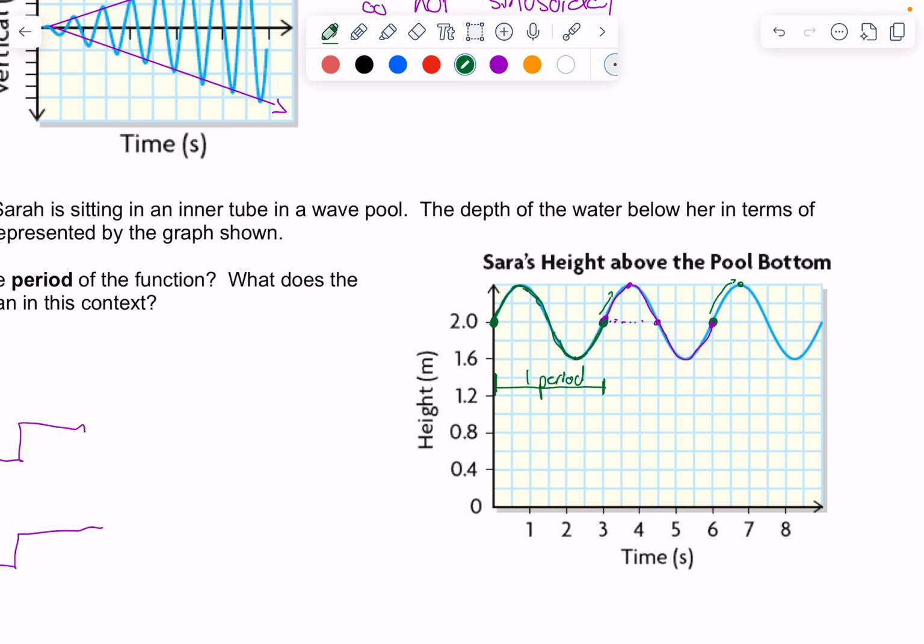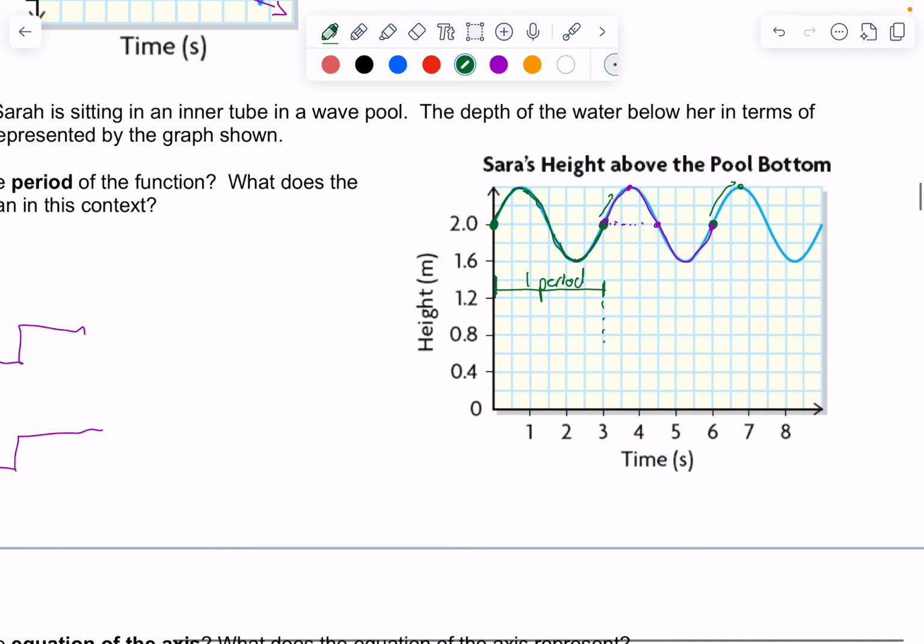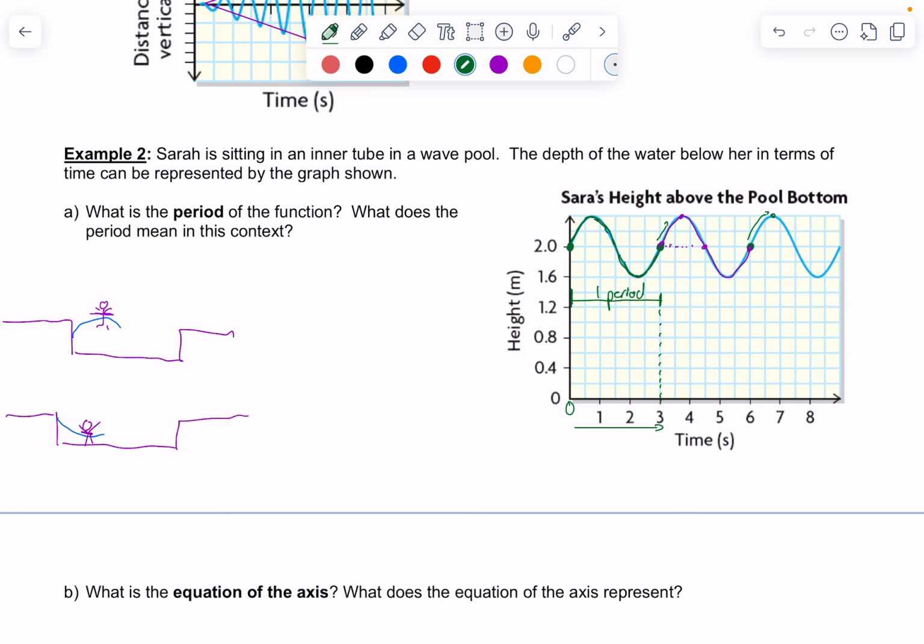Well, let's look on the graph. That corresponds to starting at 0 seconds and you travel 3 seconds to repeat your pattern. So the period equals 3 seconds.